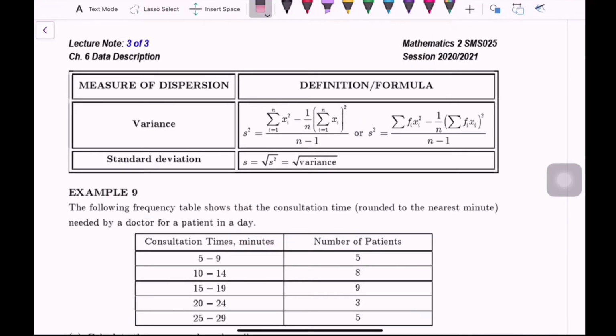The formulas for variance and standard deviation are the same as for ungrouped data.